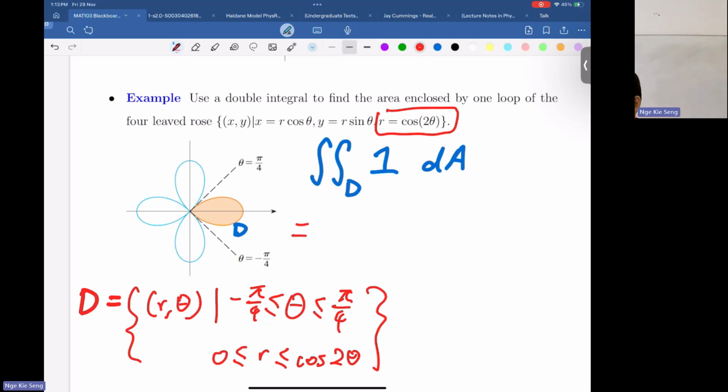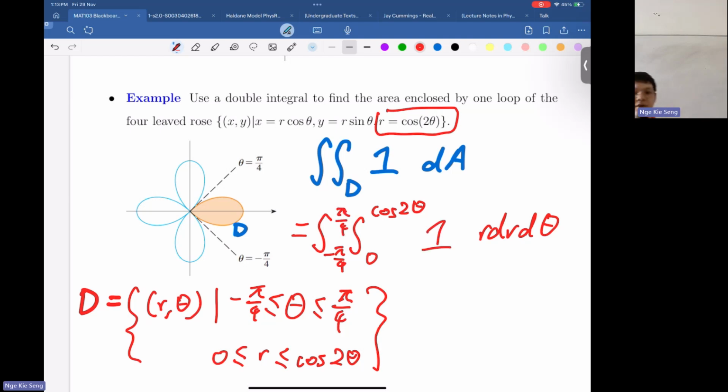So you write your dA in terms of dr d theta here. But in this case, you need an extra factor of r when you change to polar coordinates. And which one should you do first? Since our radius depends on theta, we should integrate it first, and then integrate over theta. Can you quickly compute what this is?